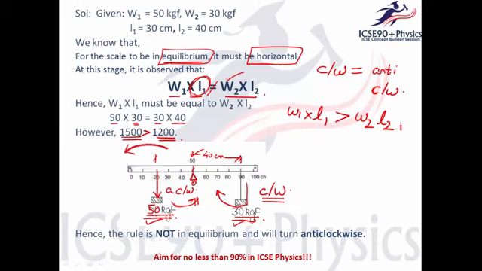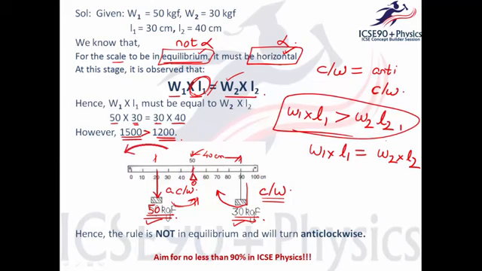What does this imply? It simply implies that this particular scale is not in equilibrium, and it will not remain horizontal, because for it to be in equilibrium and remain horizontal, W1 into L1 must be equal to W2 into L2, which is not the case here.